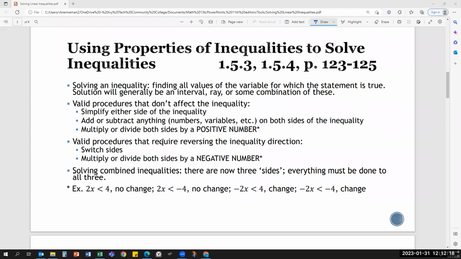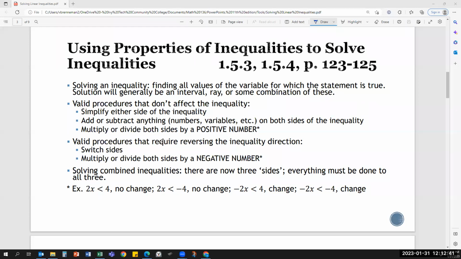With a positive number, multiplying or dividing, the inequality stays the same. Then there are a couple of things you can do where you have to switch and reverse the inequality direction. That's when you switch sides and when you multiply or divide both sides by a negative number.